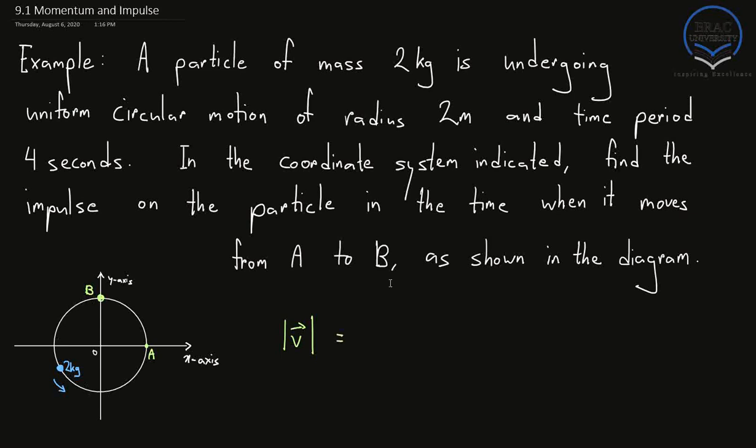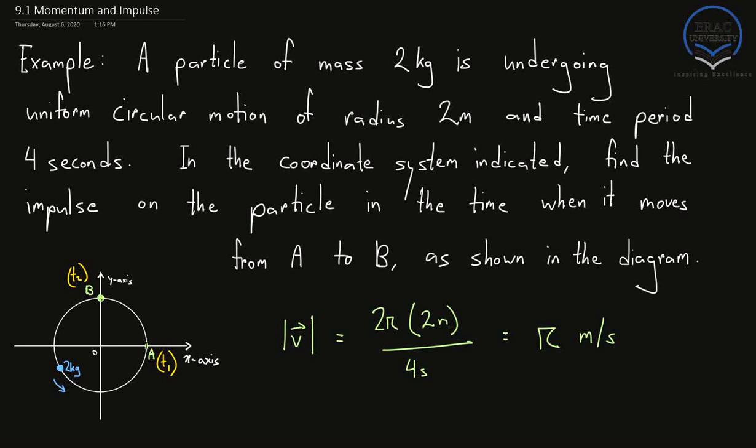So v equal to 2 pi times 2 meters over 4 seconds, so we have pi meters per second. Let's say the particle is at position A at time t1 and at position B at time t2. Because we have uniform circular motion, the speed stays the same at pi meters per second.